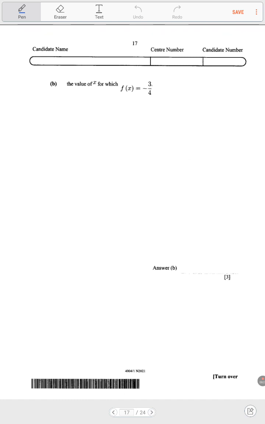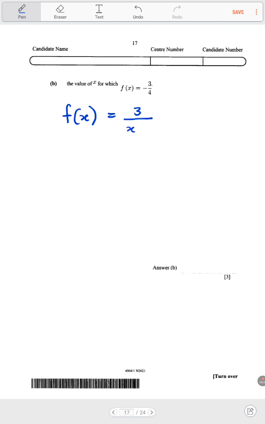Okay, we move on to part B. Part B says find the value of x for which f at x is equal to minus 3 over 4. So what we have here, the original expression is f at x is equal to 3 over x plus 2.